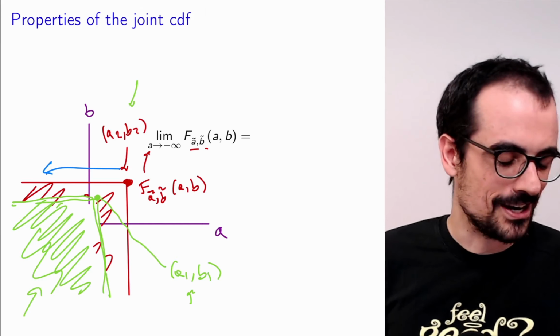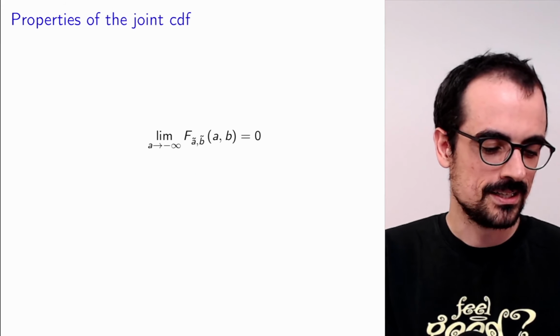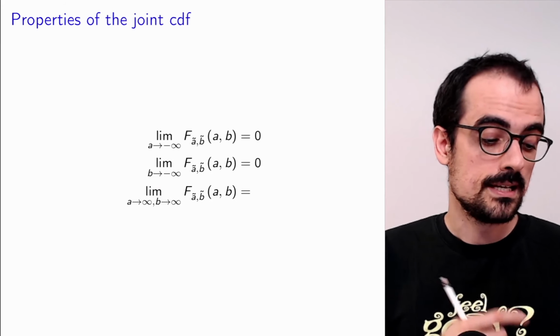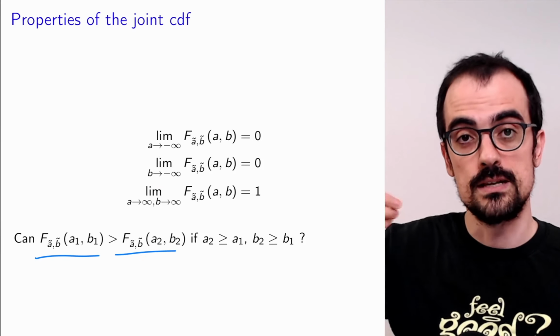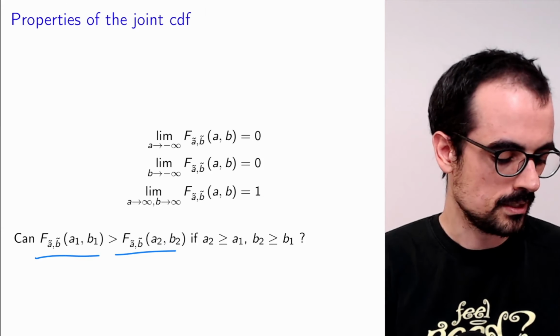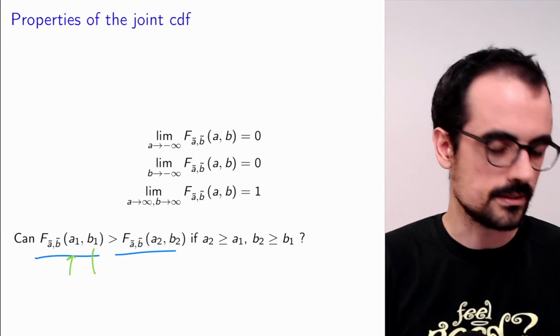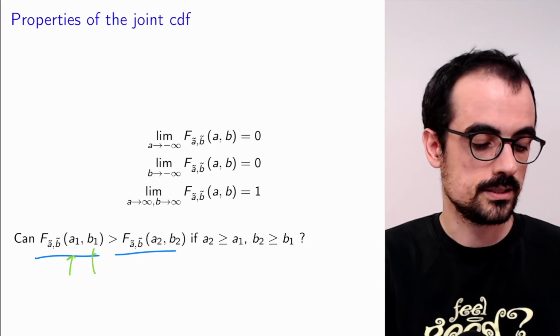Sorry for the horrible artwork here, but I hope that was clear. So what we see is that the CDF is non-decreasing in both of its entries. If we increase the first or the second entry, the CDF is non-decreasing, just by its definition.